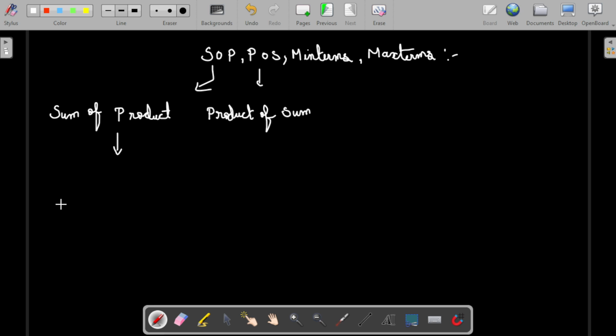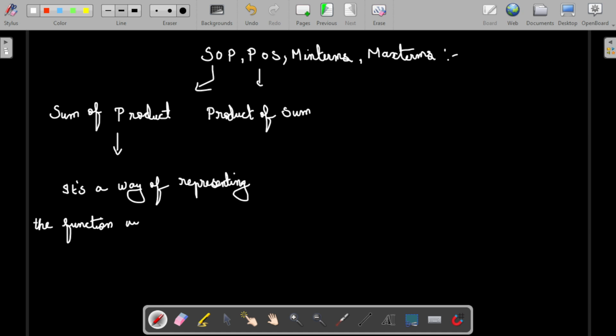SOP is a way of representing a function with the help of Minterms.